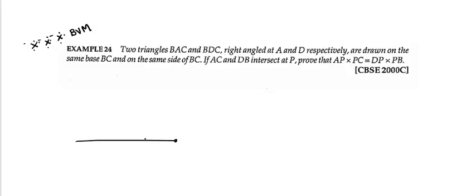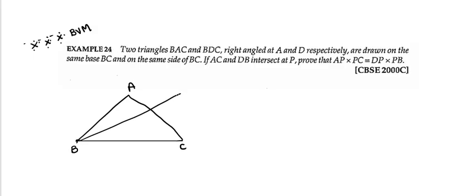So the base is BC. There are two types of sums here. One triangle is BAC here, and the other triangle can also be drawn like this, BDC. This is one way of drawing, and both are 90-90. Right? This is one way of drawing. Another way, if you are visualizing.